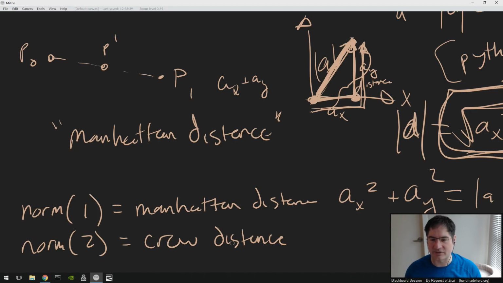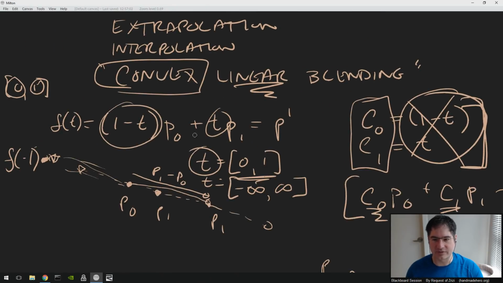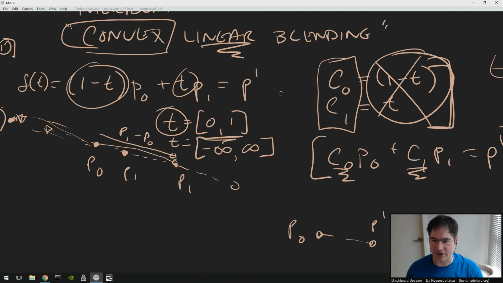We can calculate the crow's flies distance by doing norm 2. We can do the Manhattan distance by doing norm 1, because it's just the sum of the sides, right? If that makes sense. Okay, so why did I want to go down that digression? Well, it wasn't a digression. It was how we explain this.